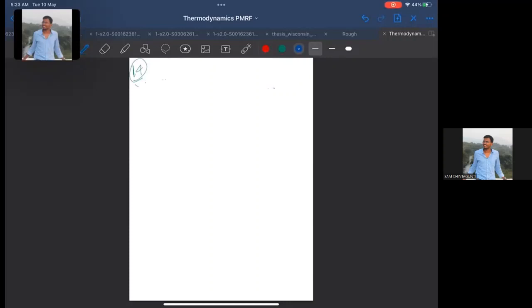So it is a piston. The piston can move up and down, and P is equal to constant. Okay, mass of air m is equal to 15 kg, T initial is equal to 25 degrees centigrade, T final is equal to 77.